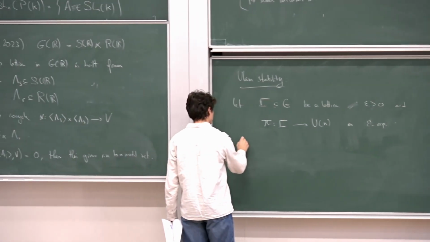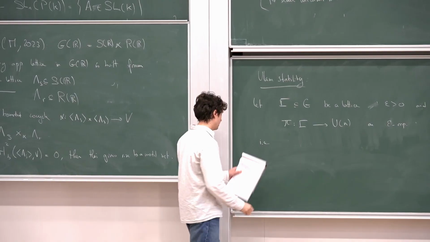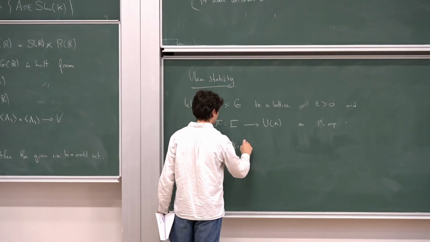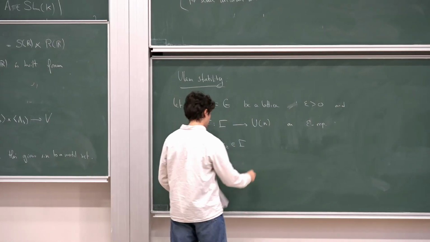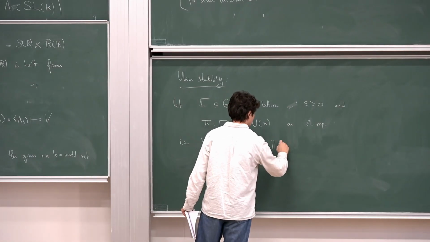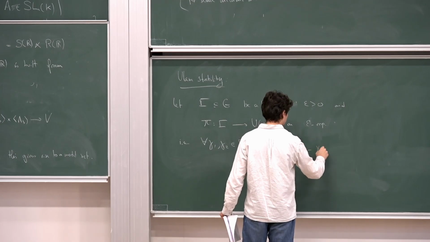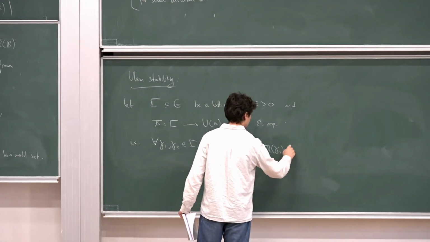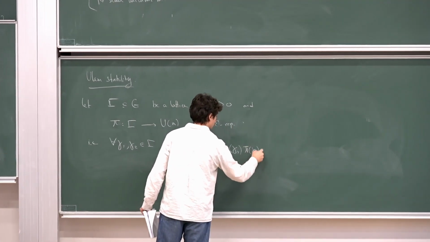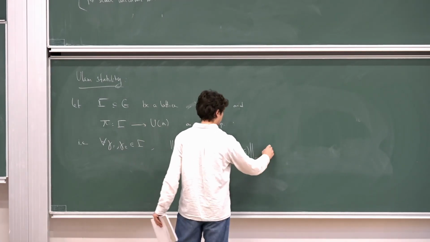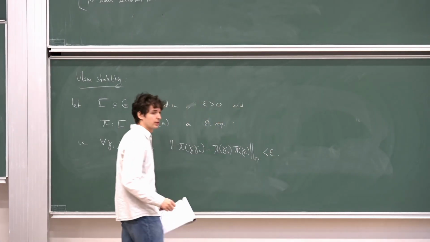An epsilon rep, which means, I recall that, if I take any gamma_1, gamma_2 in gamma, the norm of pi(gamma_1 gamma_2) minus pi(gamma_1)pi(gamma_2) in the operator norm is smaller than epsilon.